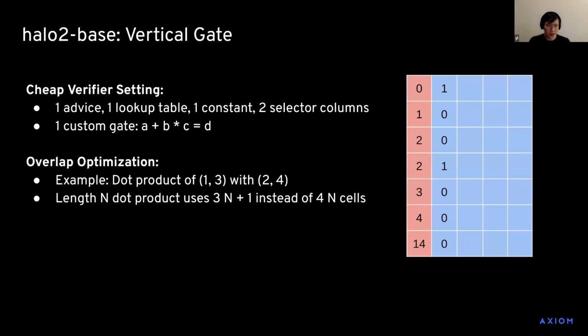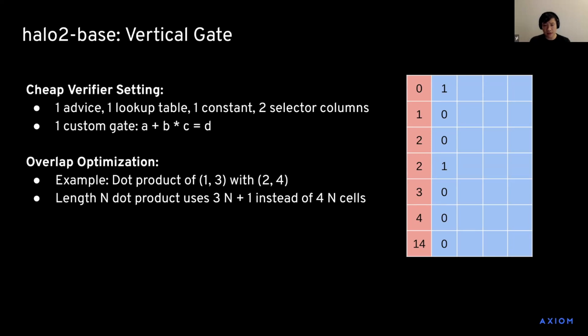Okay, for the last few minutes, I wanted to talk through a little bit how our Halo 2 base library works, since I think we offer a unique perspective on a Plonk-based system that I haven't really seen elsewhere. The point of Halo 2 base is we want it to be extremely flexible with the layout.